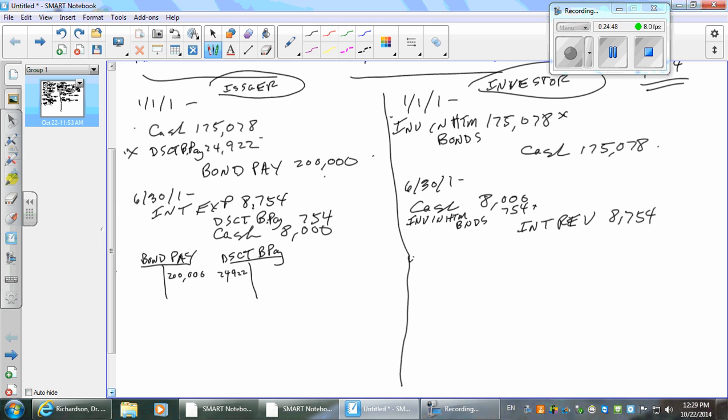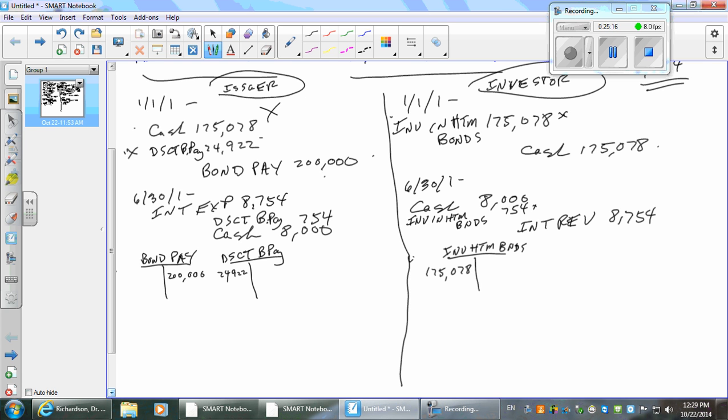Of course, it's 175,078. We know that, don't we? Okay. What would we have over here on the investor's side? We have investment in held to maturity bonds, don't we? How much in there, guys? 175,078. Everybody agree?